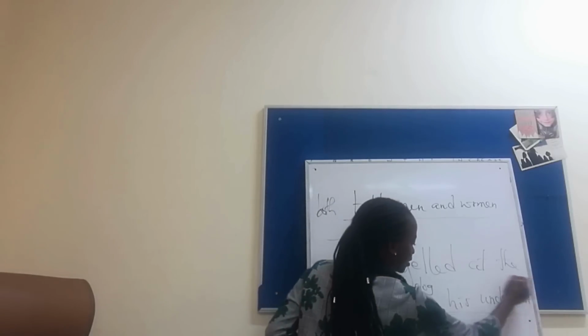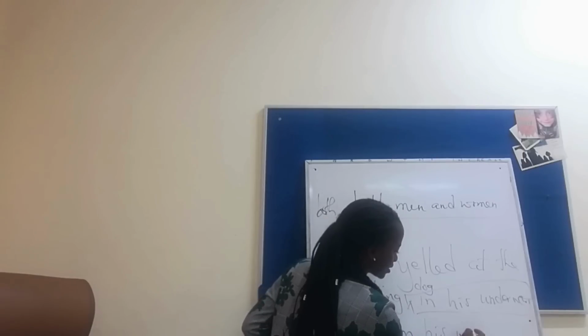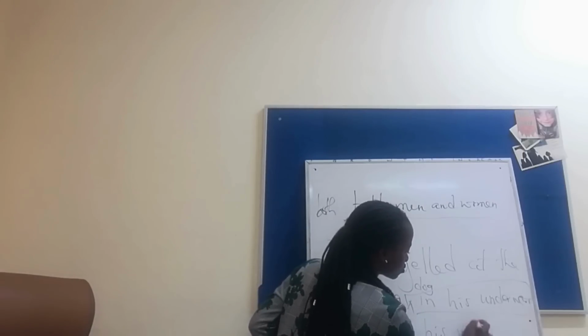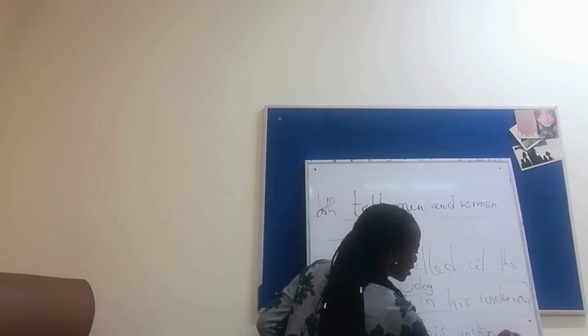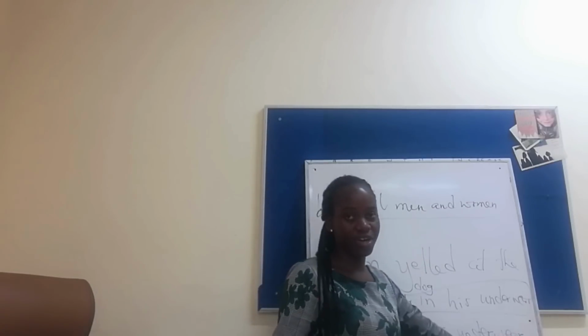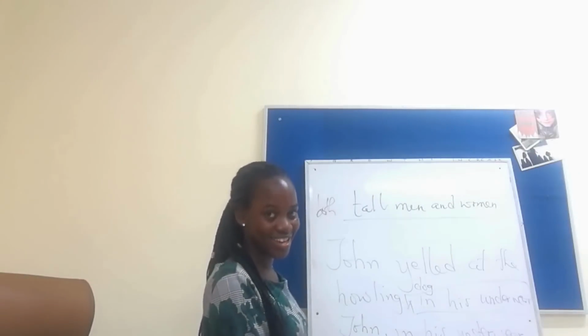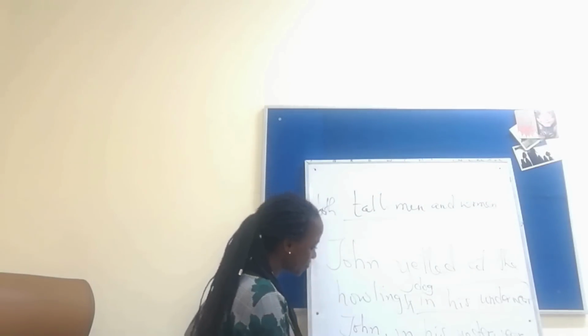We take the modifier and place it close to the word that it is giving more description to. So: John, in his underwear, yelled at the Halloween dog. You separate the modifier with commas. Failure to do that will attract a mark loss.